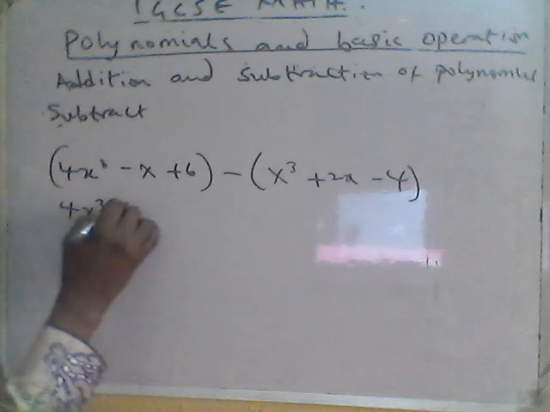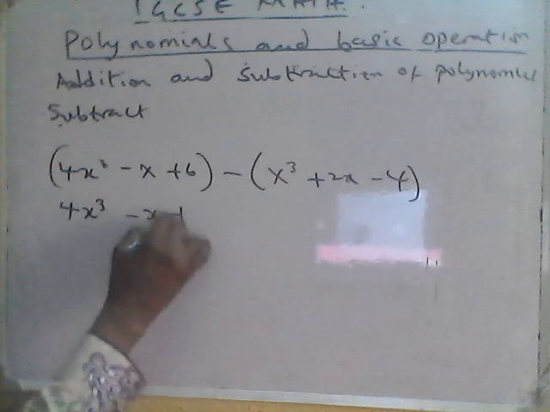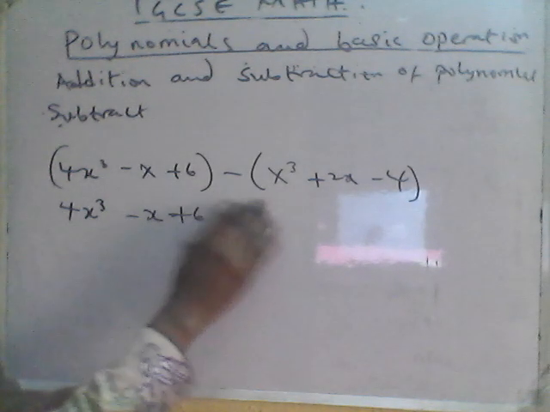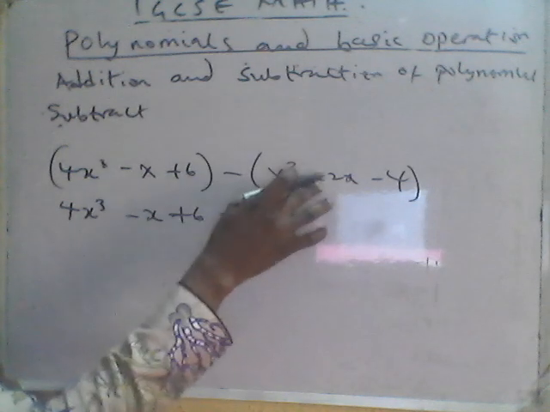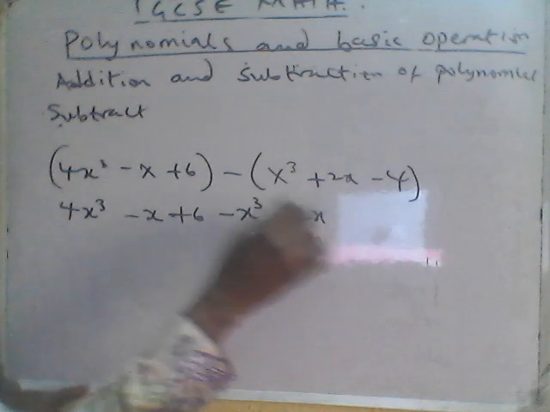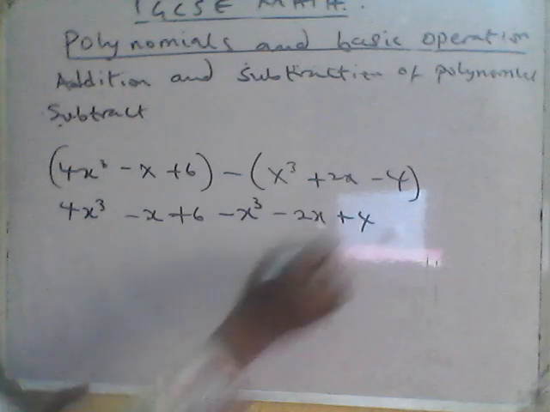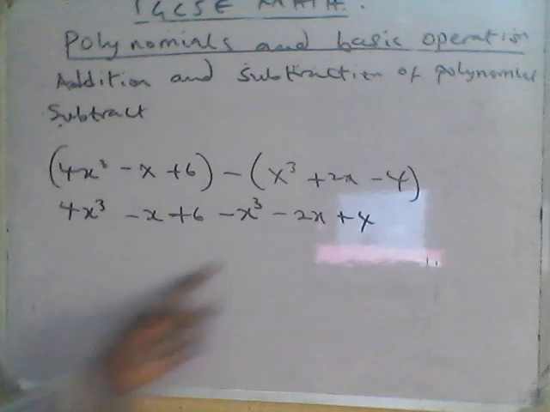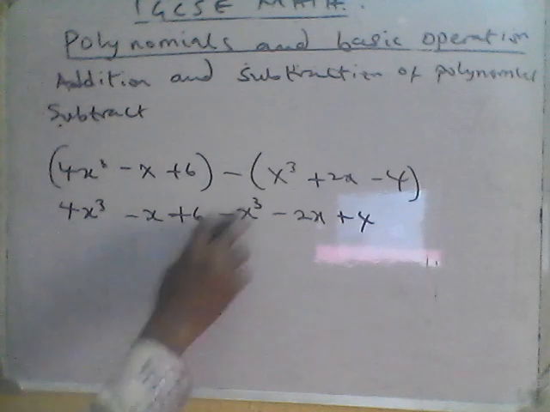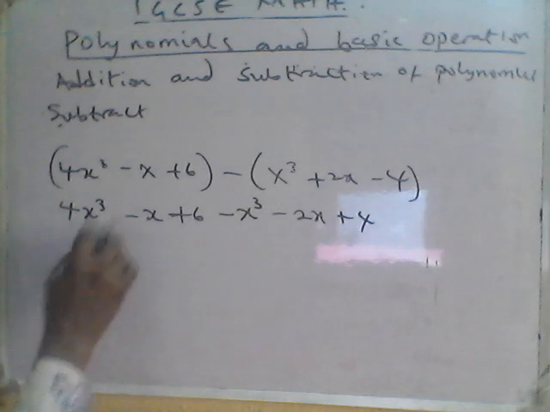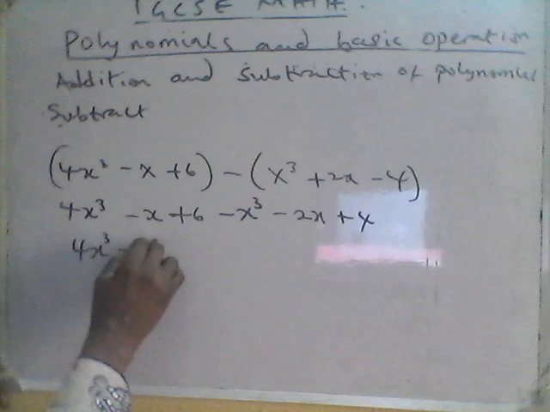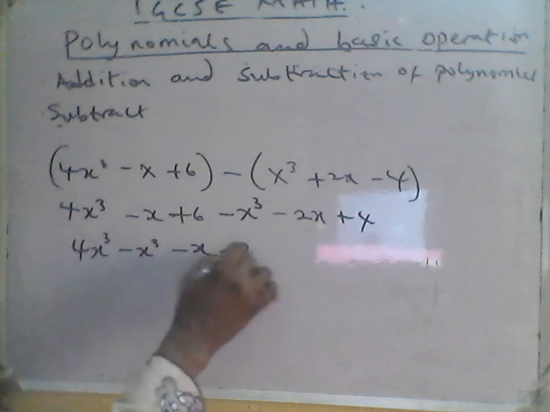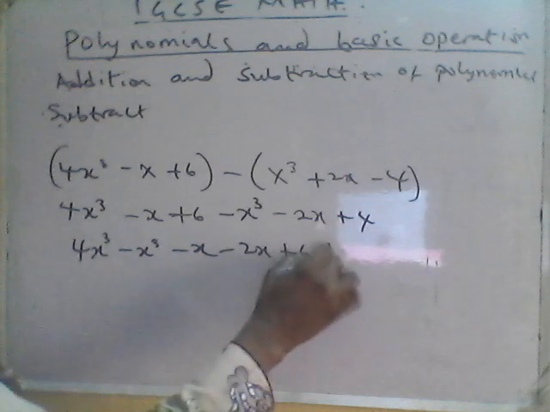So let me go. 4x cubed minus x plus 6, then this is minus x cubed again, then minus plus is minus 2x, minus minus is plus 4. Okay, so at this point, I'll combine all the like terms. So this and this together, collect like terms, 4x cubed minus x cubed, then the x component minus x minus 2x, and the constant term plus 6 plus 4.